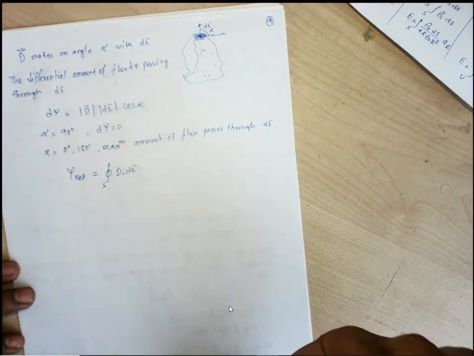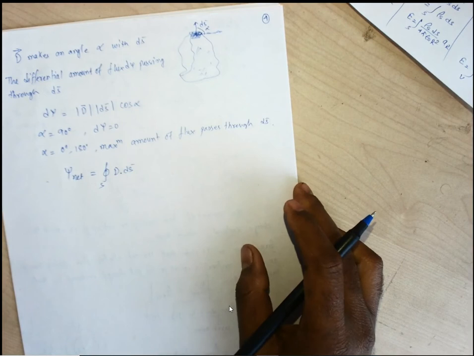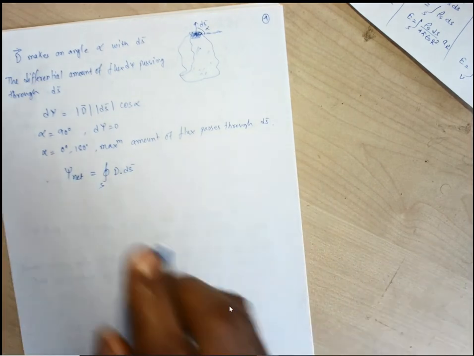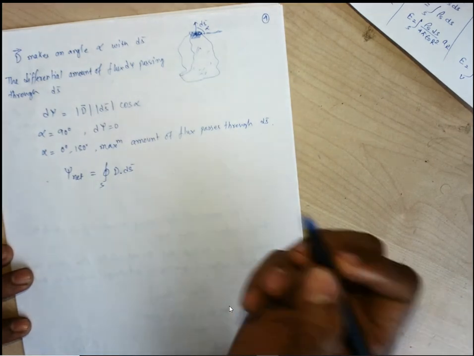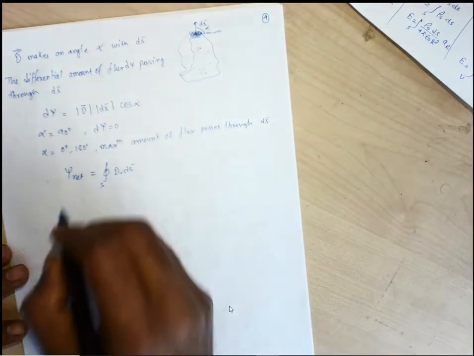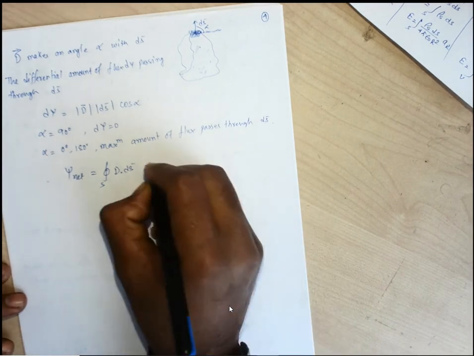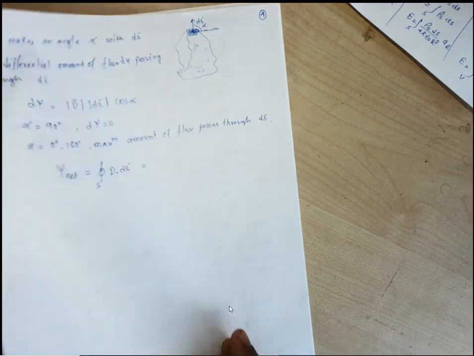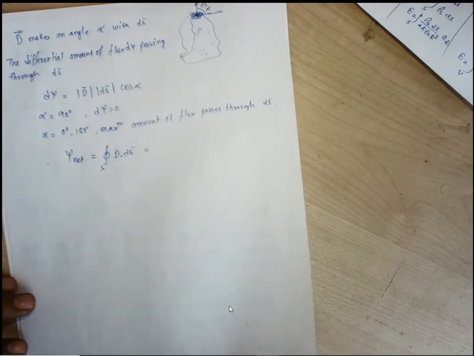We take the dot product because it depends on the direction. So if we have only this d psi, then D dot ds. If we need to account for all of the surface, then we take the closed surface integral, which equals the total flux. It again depends upon the charge enclosed, that is Q enclosed.